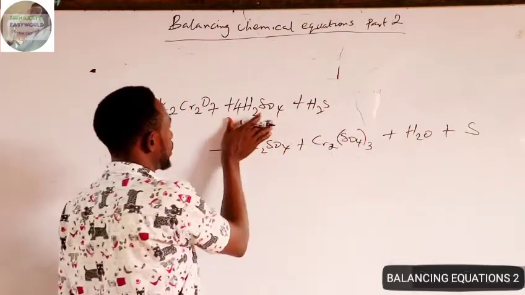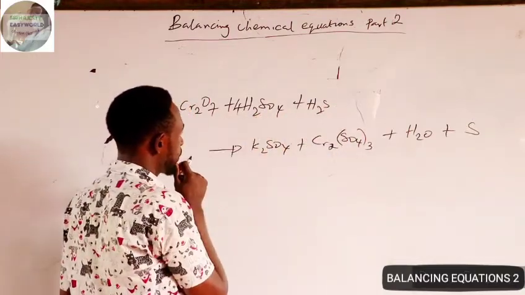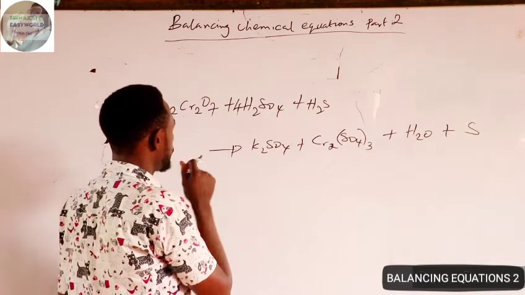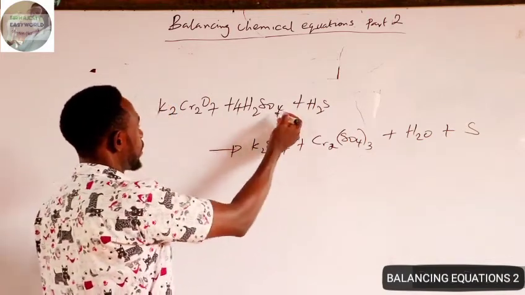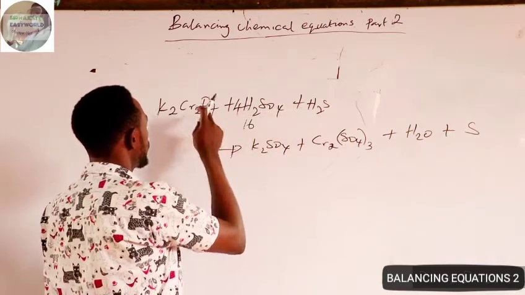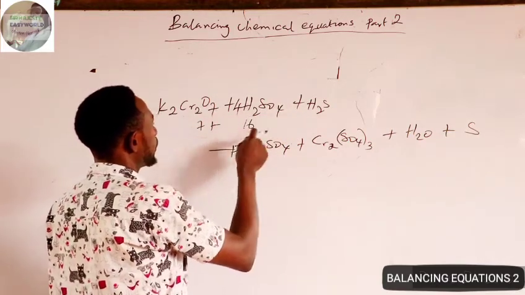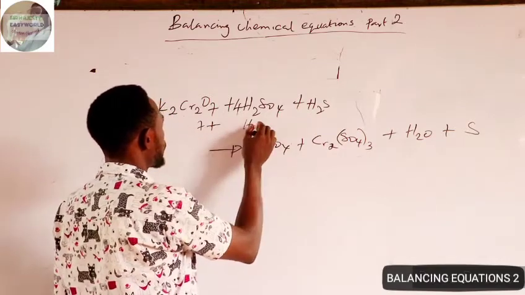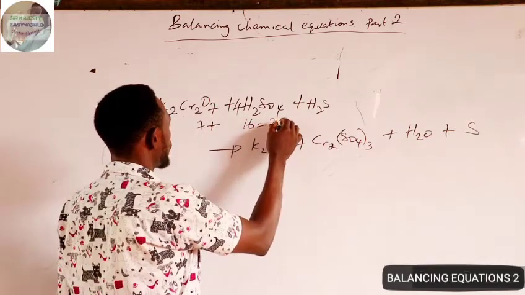And when we put 4 here, what it implies is that oxygen on this side will now be 4 times 4, this is 16, this is 7. So oxygen will now be 7 plus 16, which will be 23.